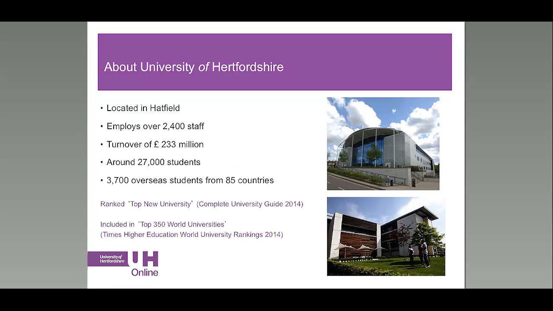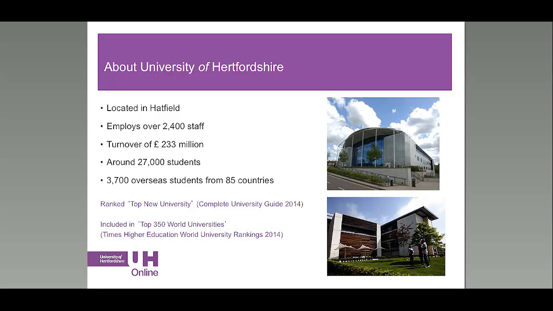The University of Hertfordshire is located in Hatfield, which is very, very close to London. Our university has over 2,400 members of staff and around 27,000 students. We have 2 campuses in Hatfield, the College Lane campus and the De Havilland campus.